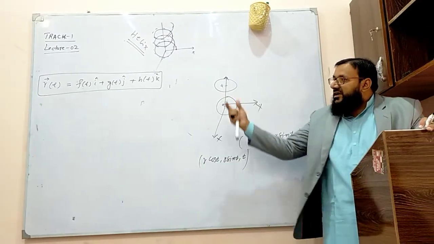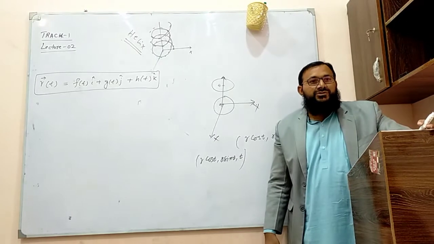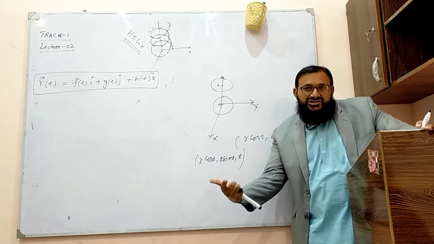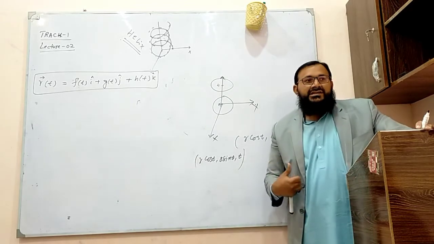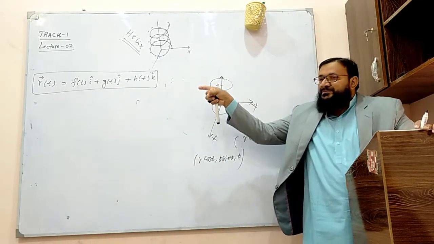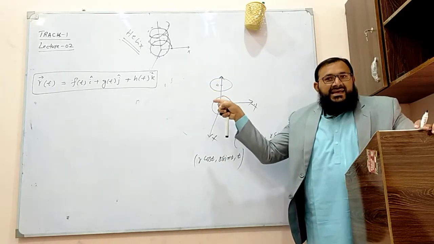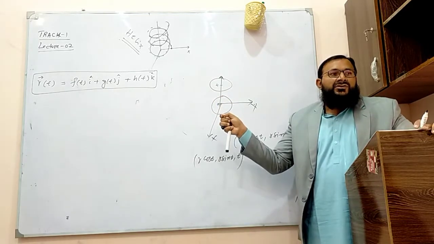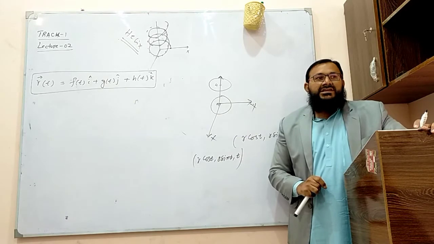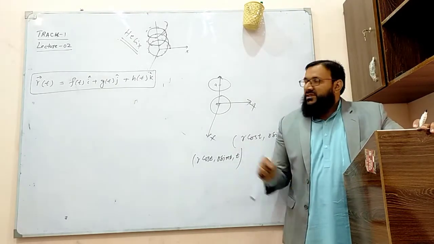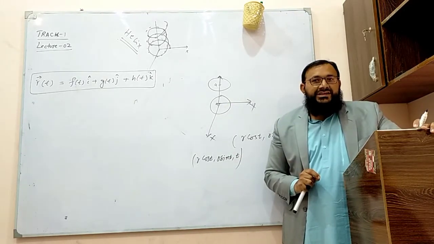So you want to find the limit as t goes to 0. When you have a function, you can apply limits and continuity. That's why these f, g and h independently work like single-variable functions. That's why it is good to do this. So this is what we call a 3D curve.